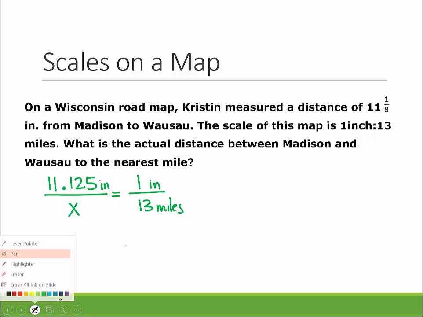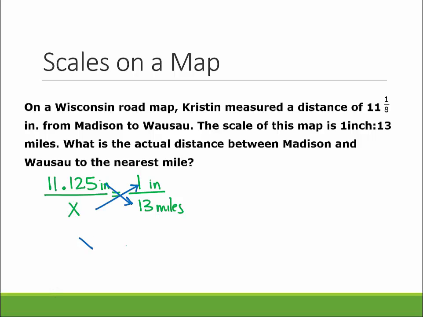So once we set up our proportion, we can find our cross products, and this is a pretty easy one. We get that x is 13 times 11 1/8, so we get 144.625. But they tell us to round it to the nearest mile, so this is about 145 miles.